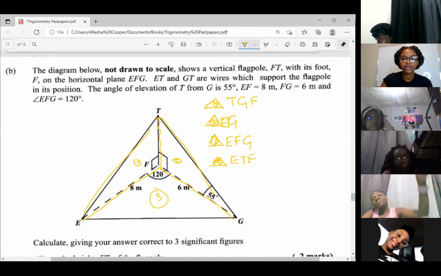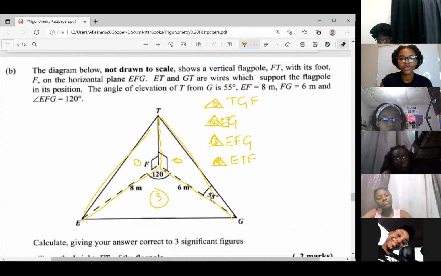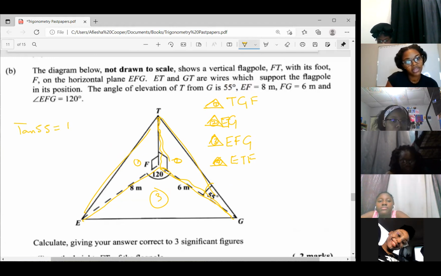All right. So to 3 significant figures, the height of FT. Which one of the triangles could we use for the height of FT? We can use triangle TFG, because we have 6 and we have an angle. So we could use opposite over adjacent. So tan 55 is equal to FT over 6.